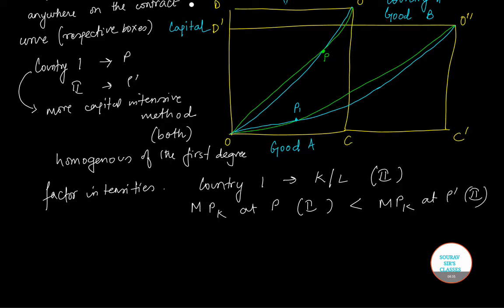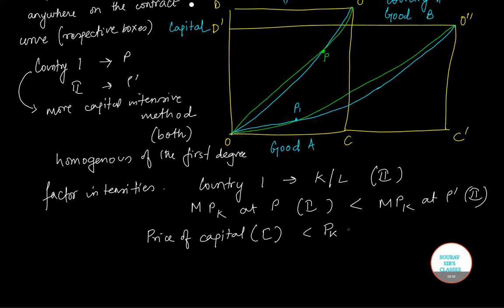Now factor prices are determined by marginal productivity. So it follows that the price of capital in country 1 will be lower than in country 2.